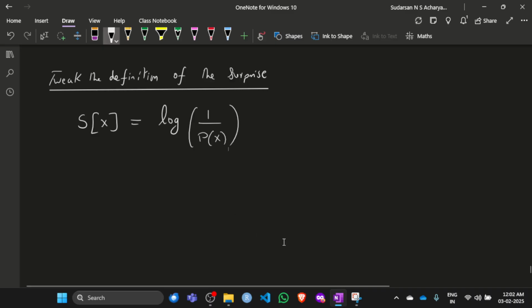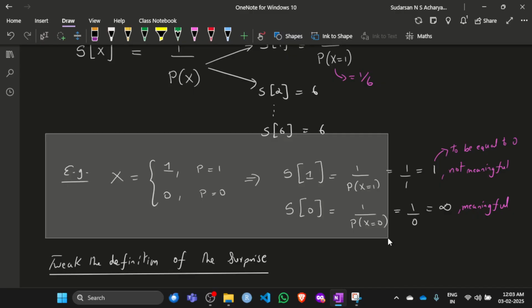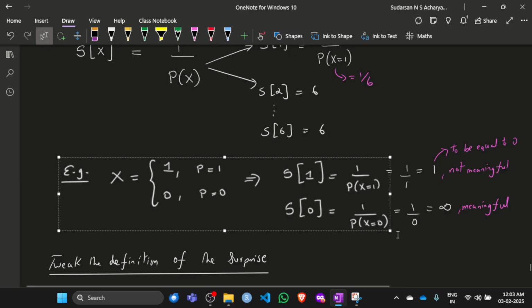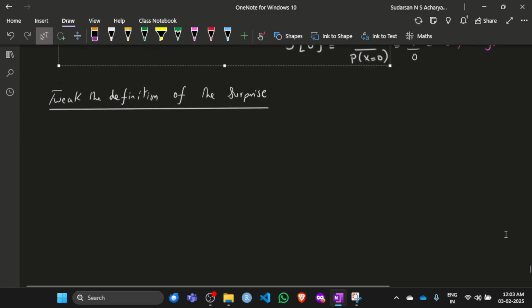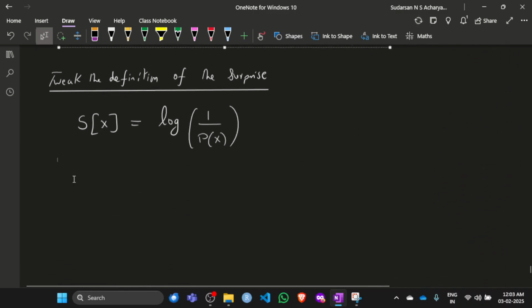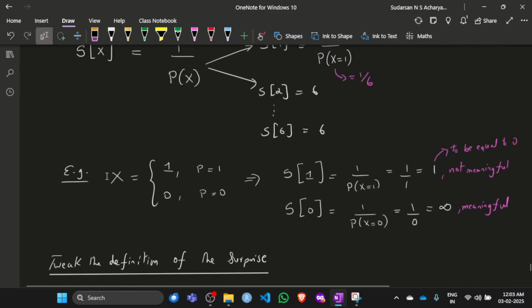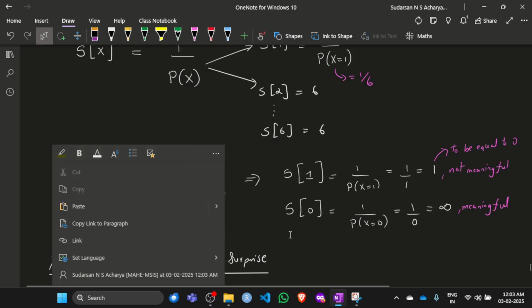Let's take the same example where we had this coin, right? So we're going to recalculate all these surprises. So I can just copy it till here. Let me put it here. Okay, let me just copy this again.